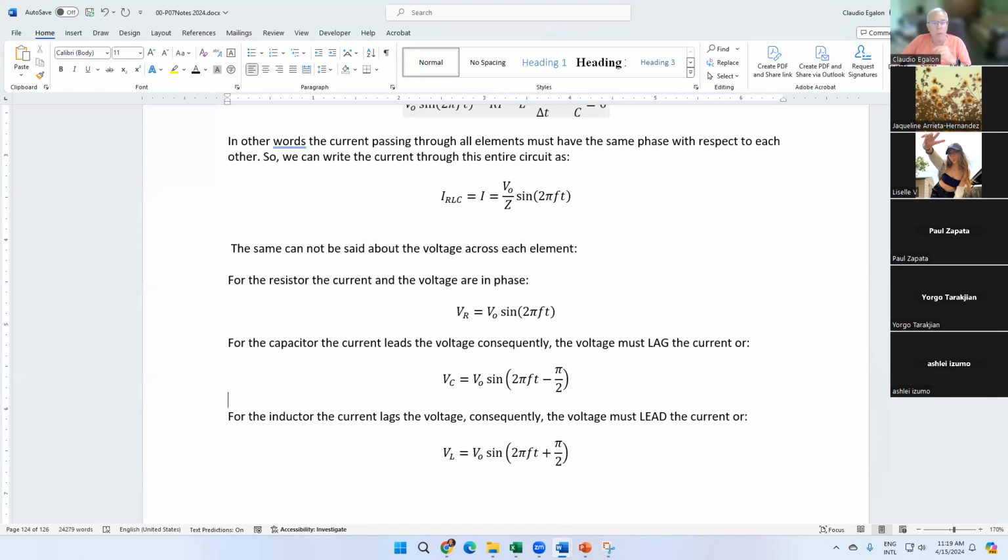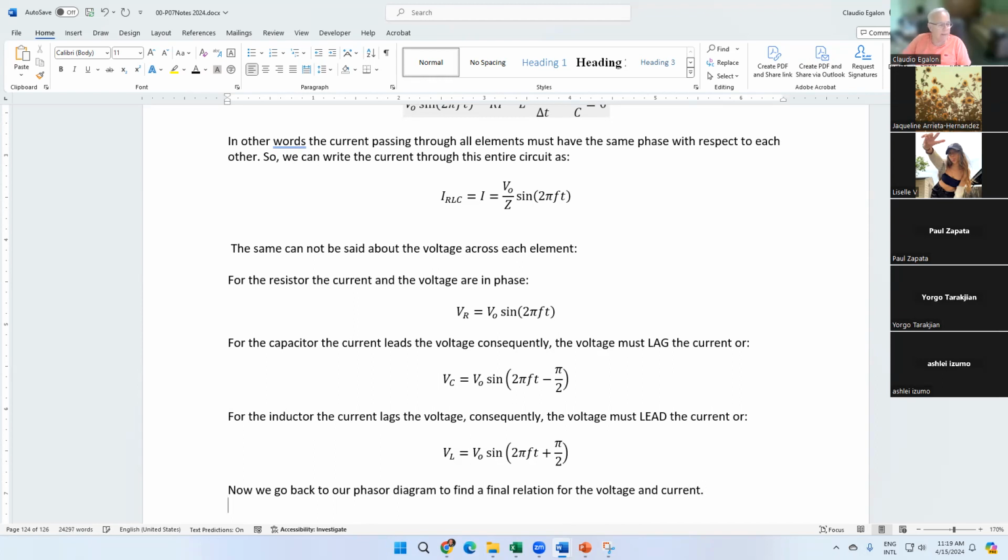And now we have this type of relationship. And now we go back to our phasor diagram to find a final relation for the voltage and current.